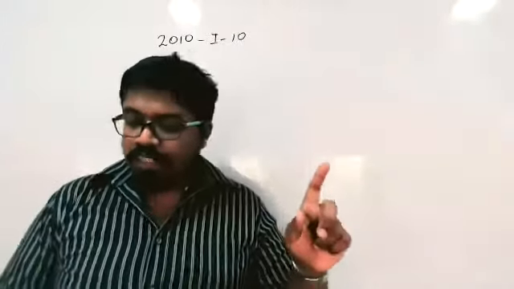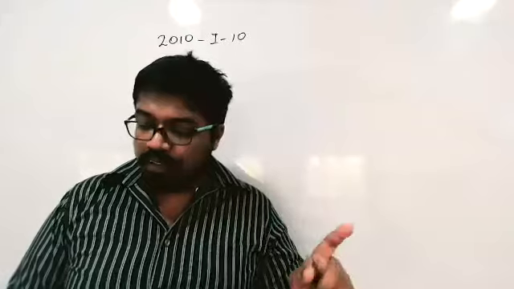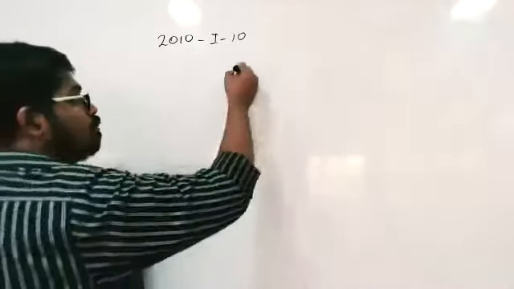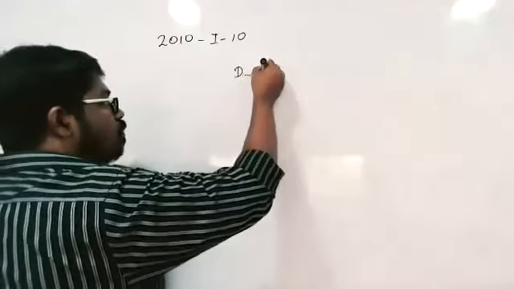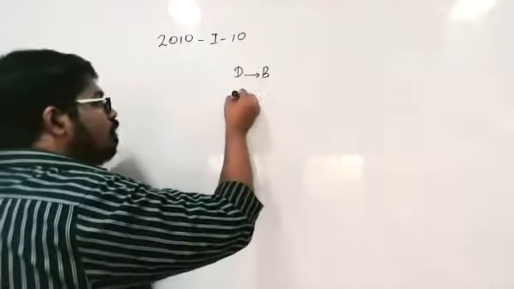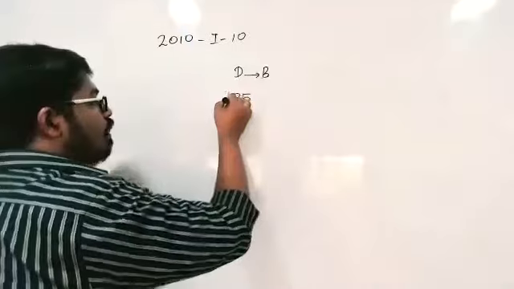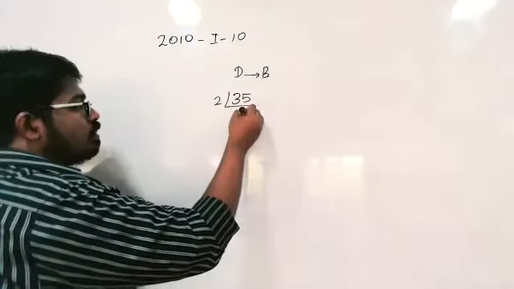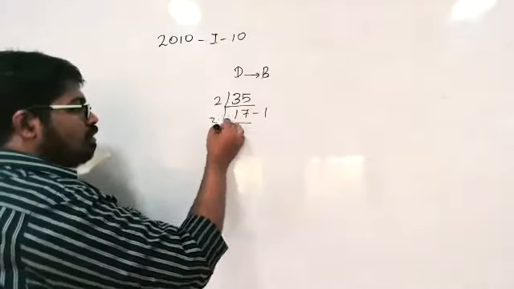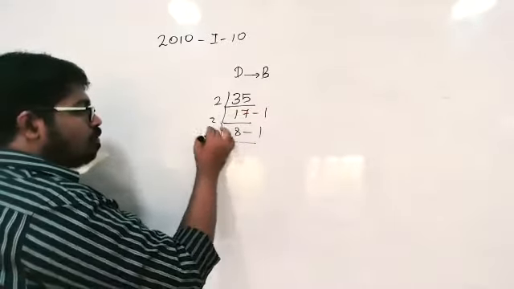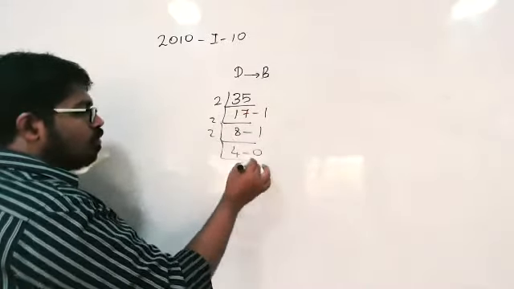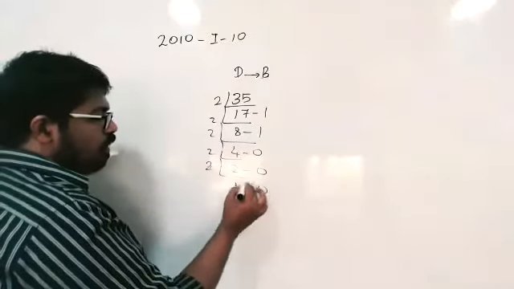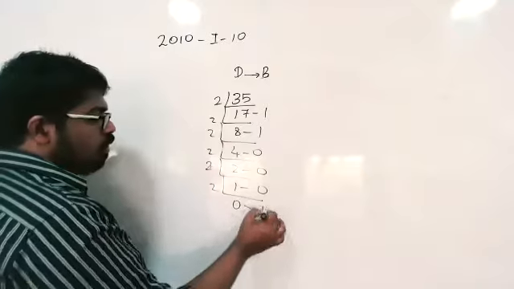So you're going to convert the decimal number 35 into a binary number. So I'm going to perform the decimal to binary conversion of 35. 35 divided by 2 gives 17 remainder 1, 8 remainder 1, 4 remainder 0, 2 remainder 0, 1 remainder 0, 0 remainder 1.